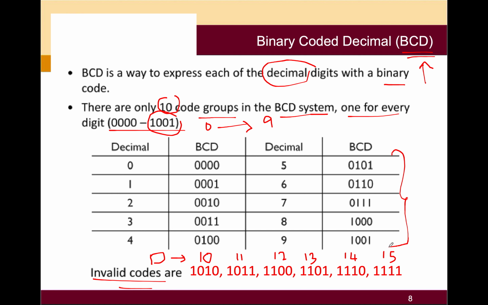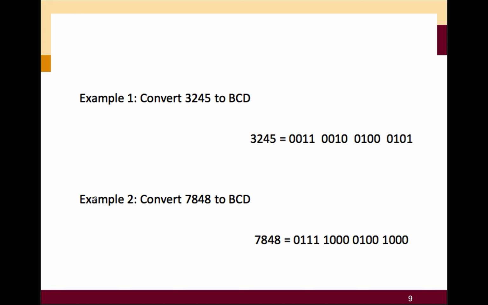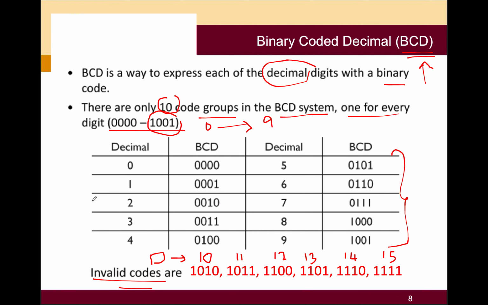So this table shows all the binary codes which represent the decimals themselves. I think this one is just a conversion between decimals to binary, so it's quite easy. So this is binary coded decimals, or BCD. How are you going to convert it?